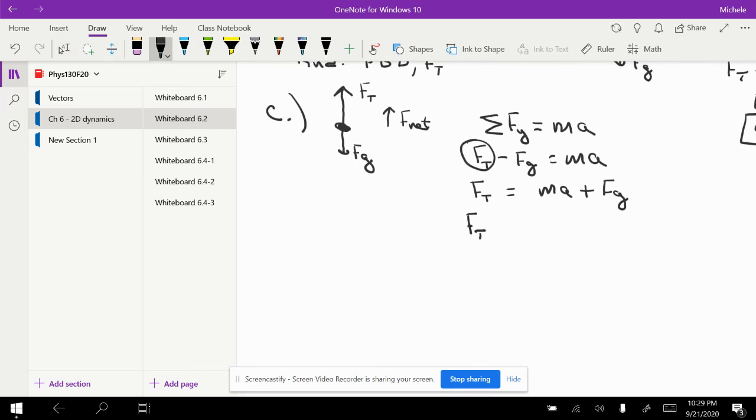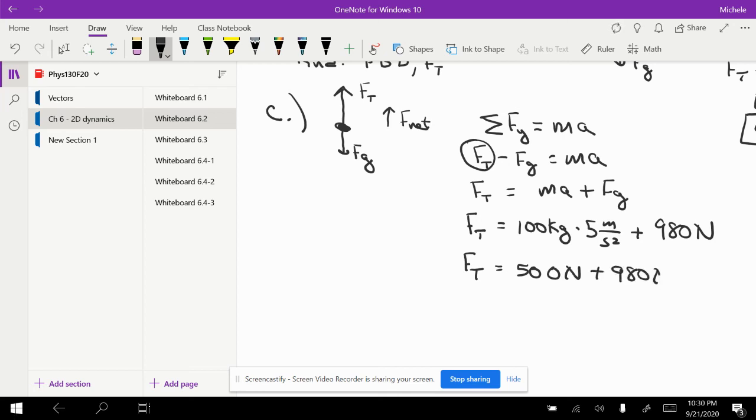My mass is 100 kilograms times the acceleration, 5 meters per second squared, plus the FG, which is still 980 newtons. 100 times 5 is 500, so I have 500 kilograms meters per second squared, that's newtons, plus 980. When I add these together, I get a force of tension equal to 1480 newtons.